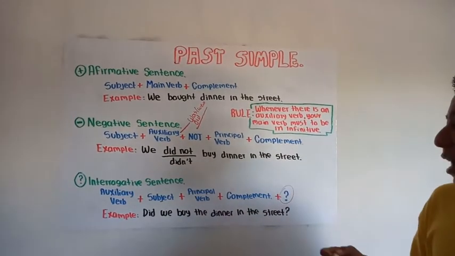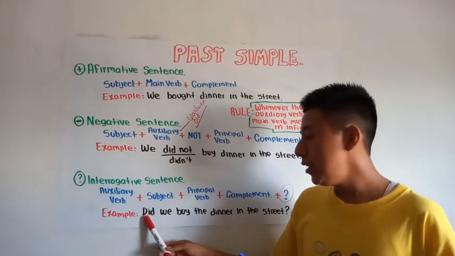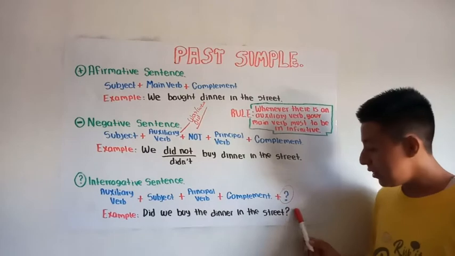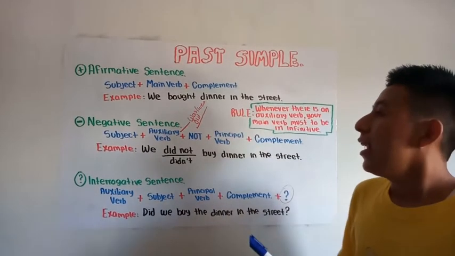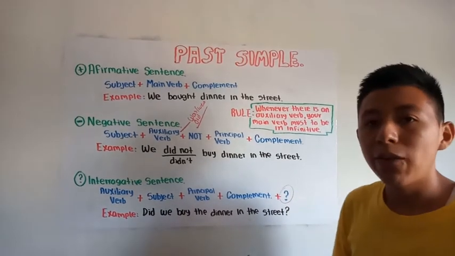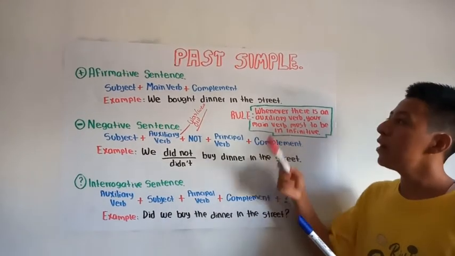I have an example. Did we buy the dinner in the street? There are three different forms to write this sentence in past simple.